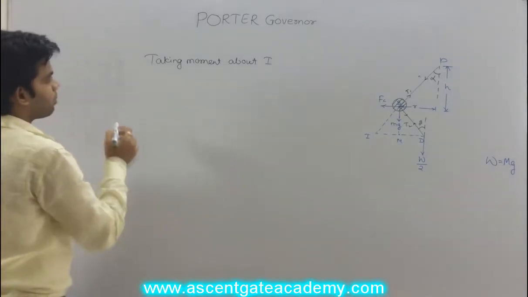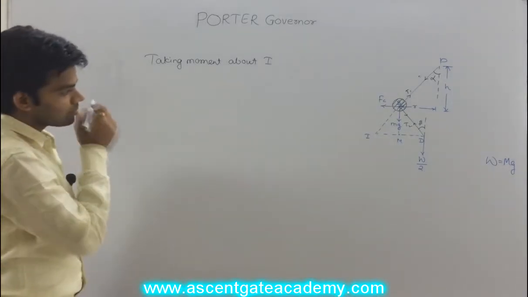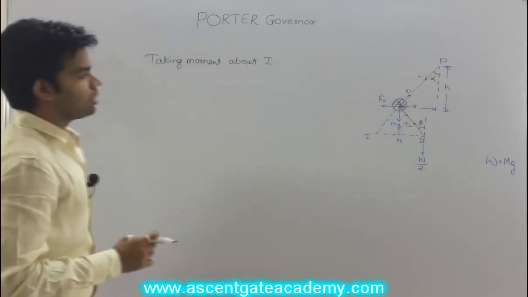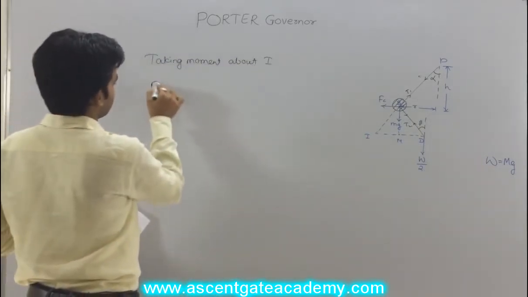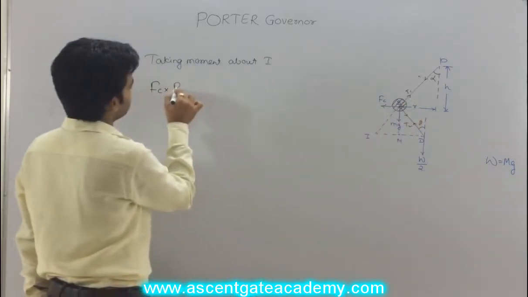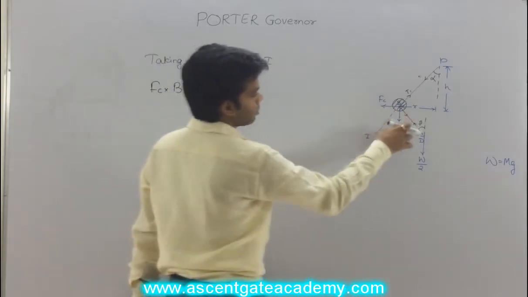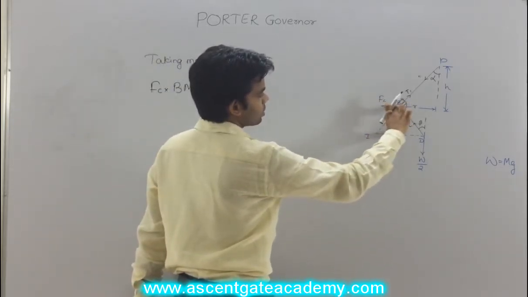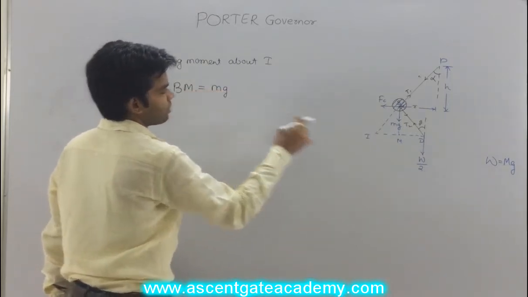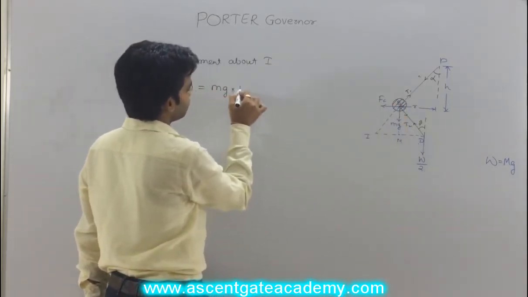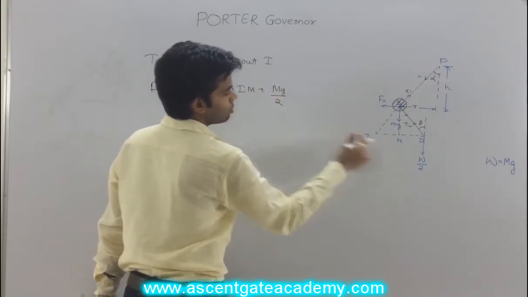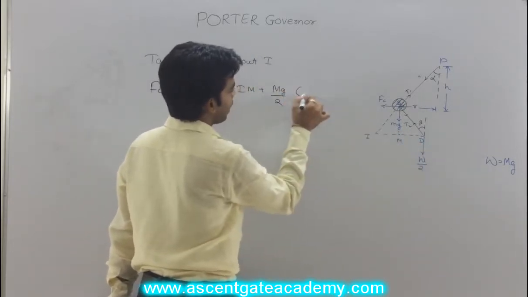Okay. Now taking moment about I, this Fc into BM is equal to small mg into IM plus capital Mg by 2, W by 2, into ID.